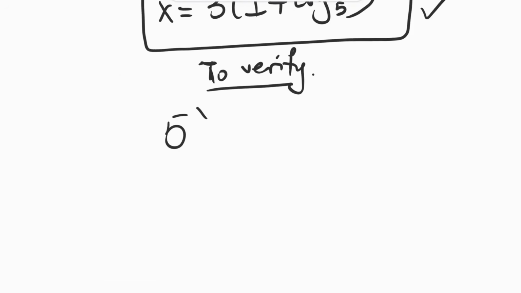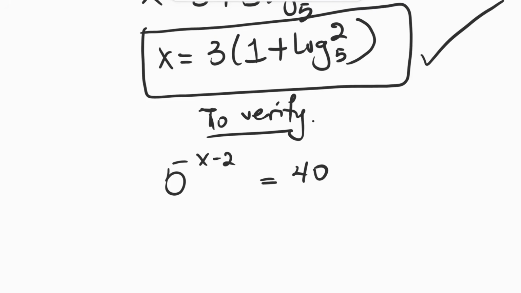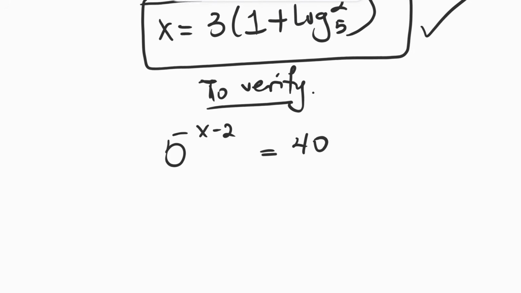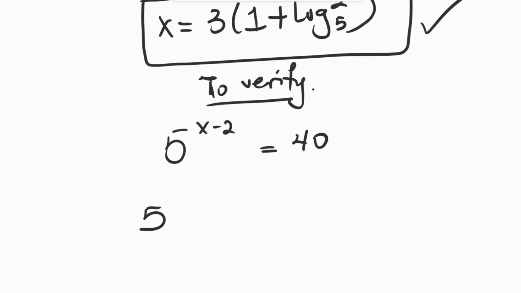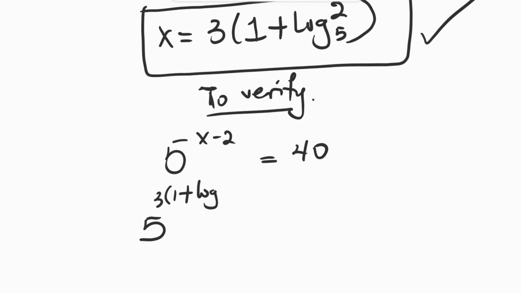Right, let's see if this is true. So we have 5 raised to the power, our x is 3 into brackets 1 plus log of 2 base 5, minus 2. See if that's going to be equal to 40.